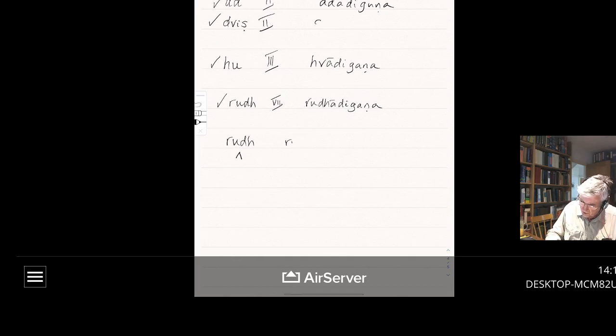So you get the ru, na, and of course by standard sandhi, it's a subdotted n. So what have you got? You've got rudh. You have to infix a na. I was going to put a stress mark there. So you get ru, na, dh. Strong base, runadh, and there you get the runadhmi.